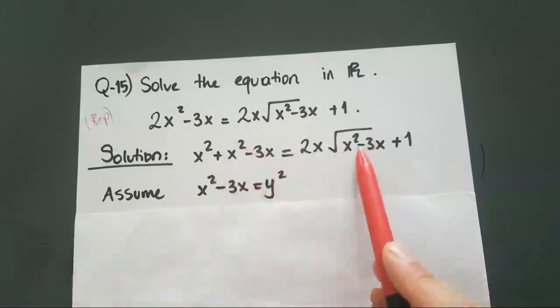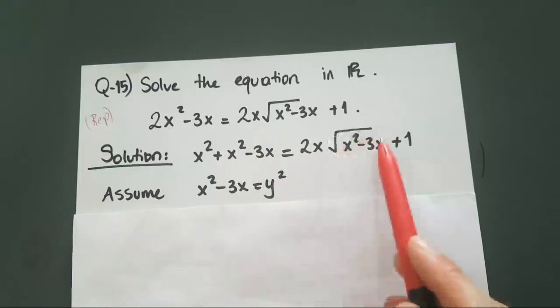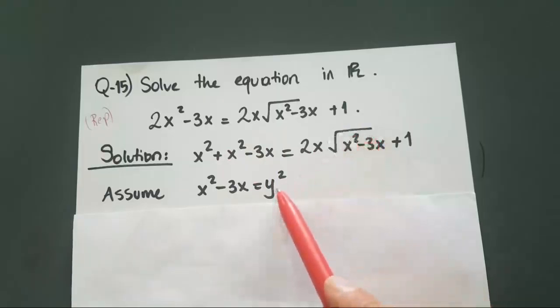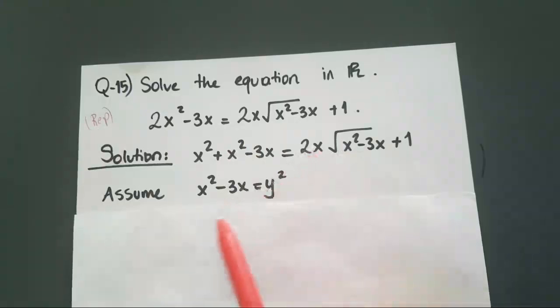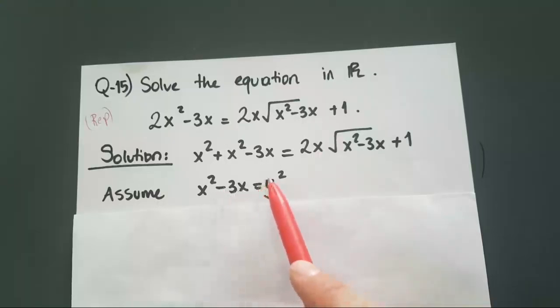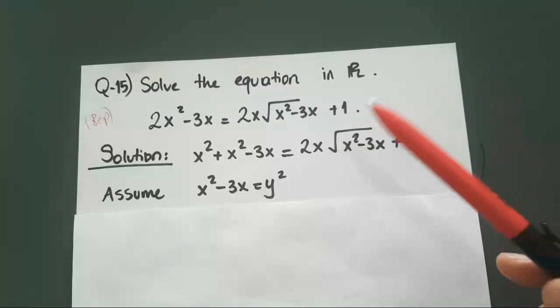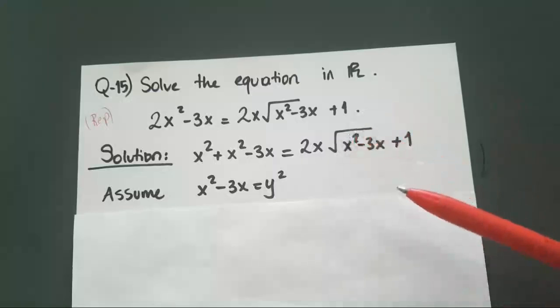Since on the right side it is under the radical sign, better to give a variable like t squared, y squared, whatever. I used y. So if x squared minus 3x is equal to y squared, substitute it in the equation and try to solve the problem, guys.